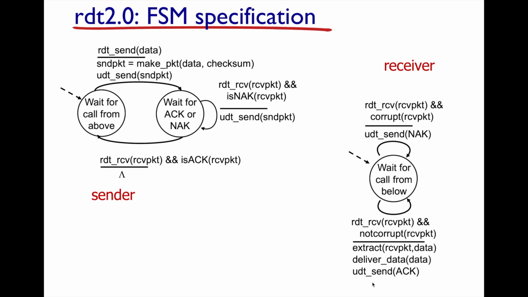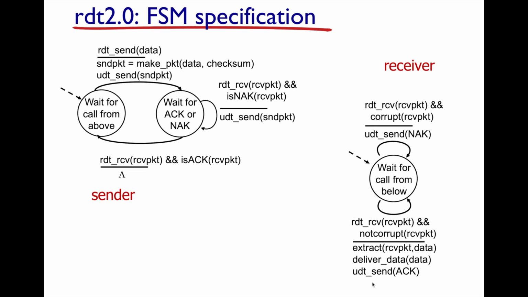If we were to look at the receiver finite state machine, well, these events are a little bit more complex. Yes, you have RDT receive, because that's the event the receiver transmission layer triggers off of to know when there's an incoming segment from the network layer below on the receiver side.